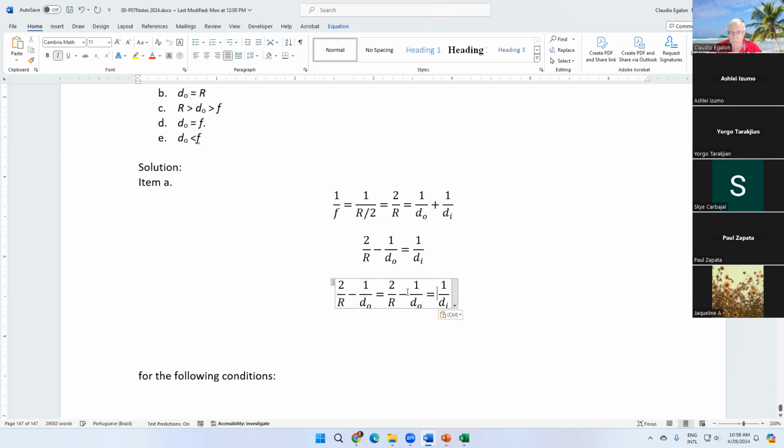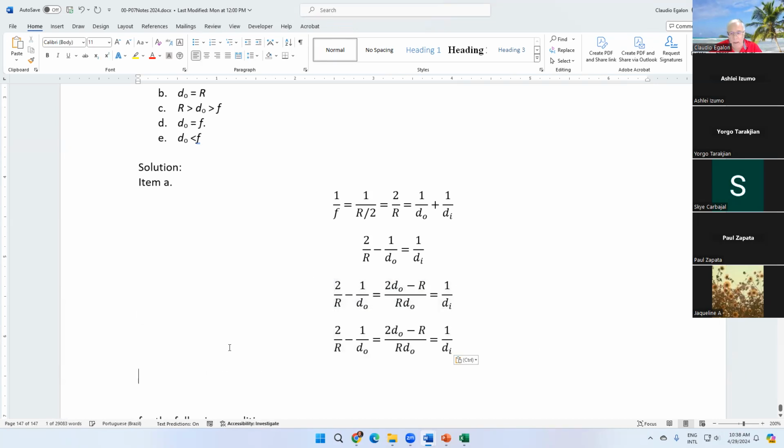Put common factors here, right? d_o. R d_o divided by R is d_o. Consequently, we have 2 times d_o minus R, right? And now we can invert.